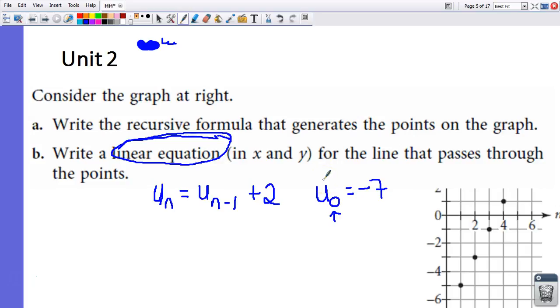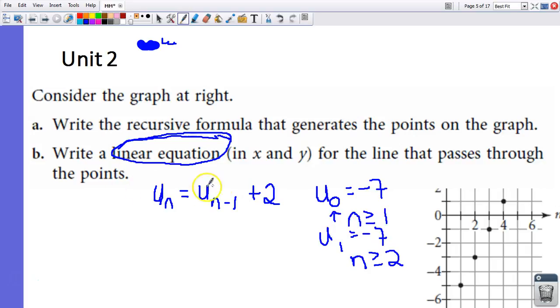What does matter is that if I make this u sub 0, my n always has to be greater than or equal to 1. If I made it u sub 1, which is okay too, u sub 1 is negative 7, then your n would need to be greater than or equal to 2.